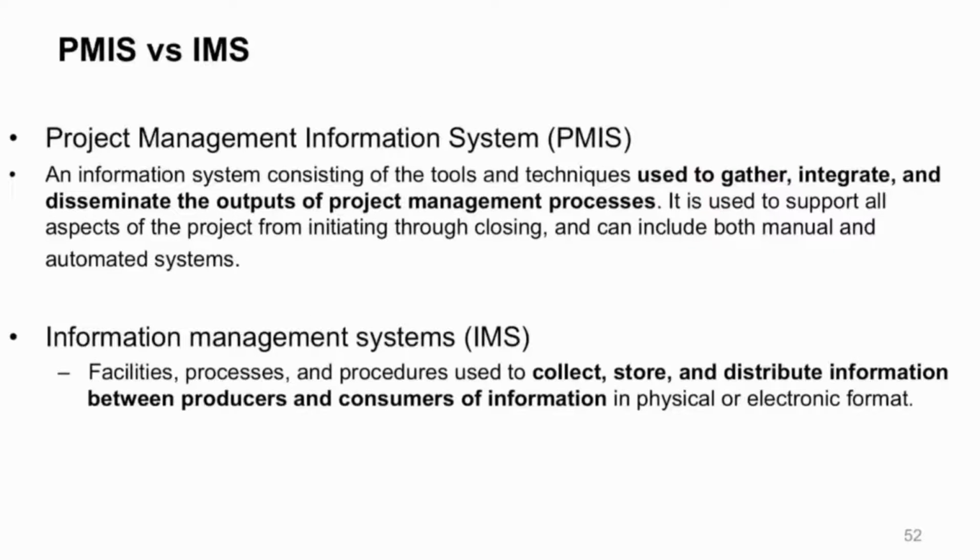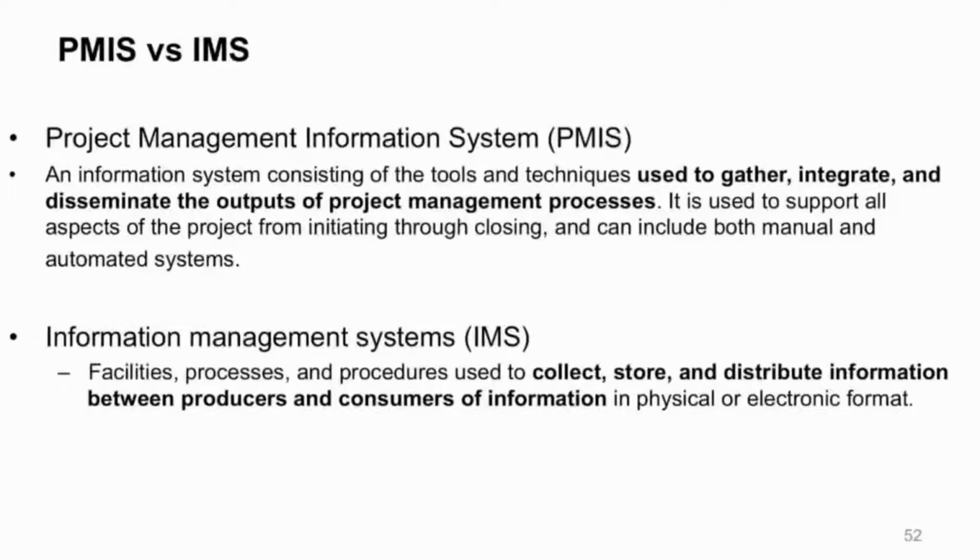Now, short of that, here's another comparison of these two things. Your project management information system is used to gather, integrate, and disseminate the outputs of your processes. Whatever information is there, it'll help you do that. It's used to support all aspects of project from initiating to closing, and it can be manual or hopefully automated. Now, that differs a bit from the IMS, the information management system, which is used to collect, store, and distribute this information between the people that produce the information and the people that want the information.